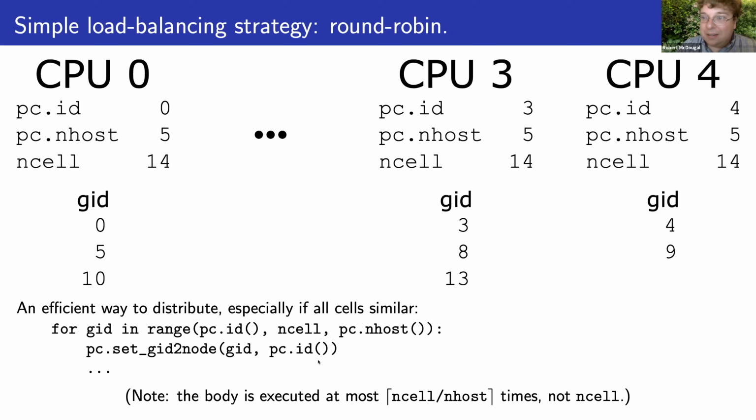But, and this is a nice thing, and this is where it begins to get really pretty, each processor only has to calculate at most the ceiling of the number of cells divided by nhost cells. I don't hit every single one. I'm literally just doing my part of the problem.